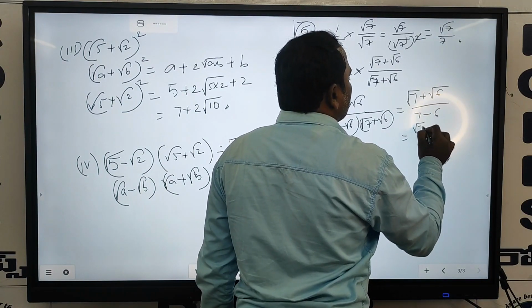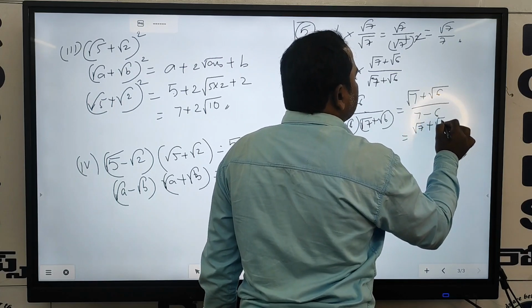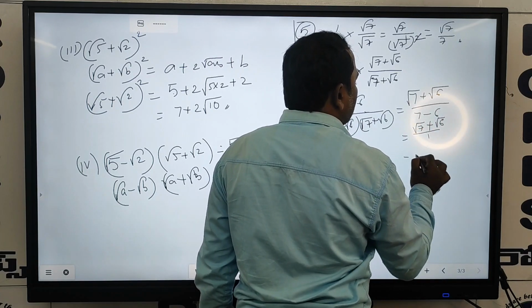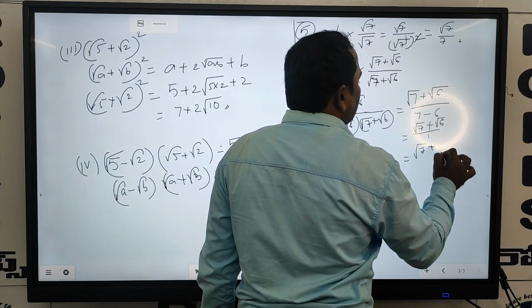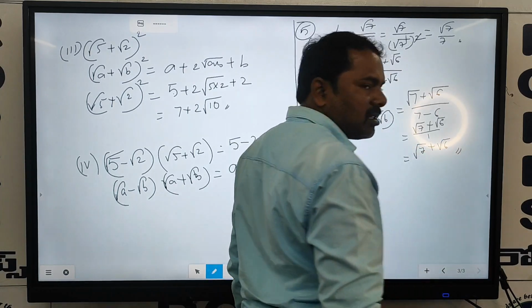Then we can write (√7 + √6) by 1, that is nothing but √7 + √6. This is the answer.